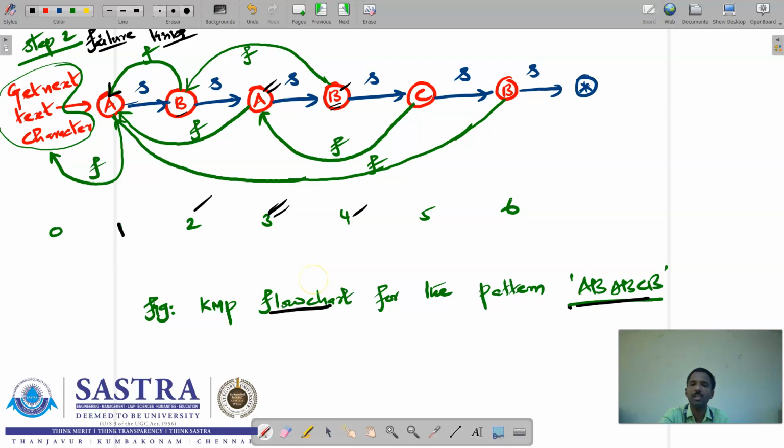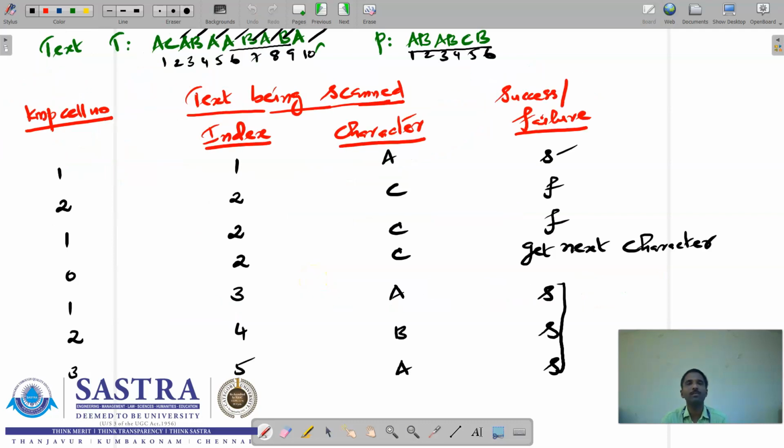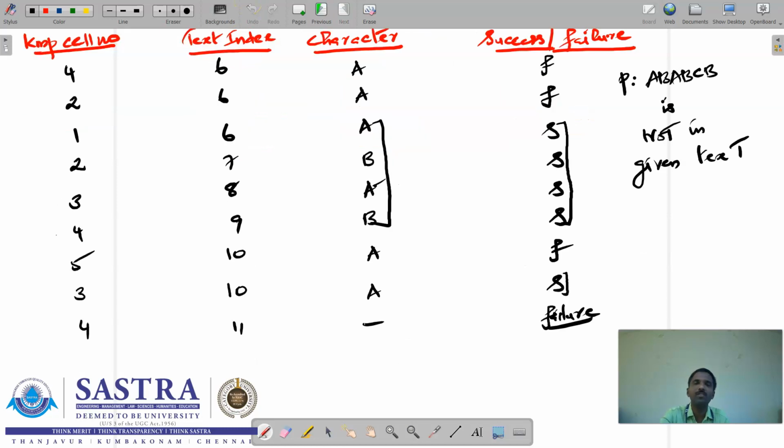So this flowchart or machine is used to scan any of the given text T values. In this example, we have taken, for example, AC, AB, AA, BA, BA, so that the pattern is not available in the given text. In case the pattern is, for example, AA, BA, BA, then we will be getting AA, BA, BA. 6 pattern characters, 6 successful searches will be obtained here, so that we can easily find the pattern is available in the given text.